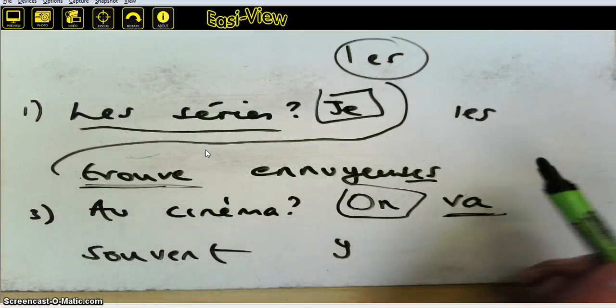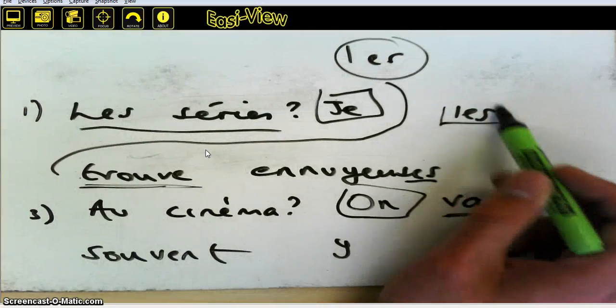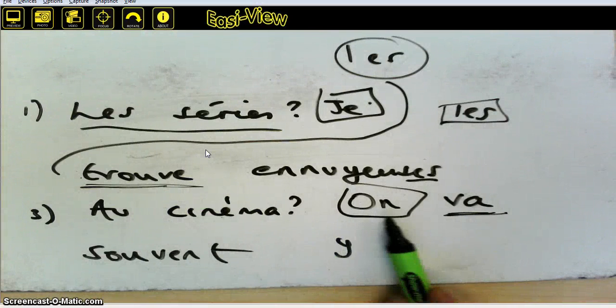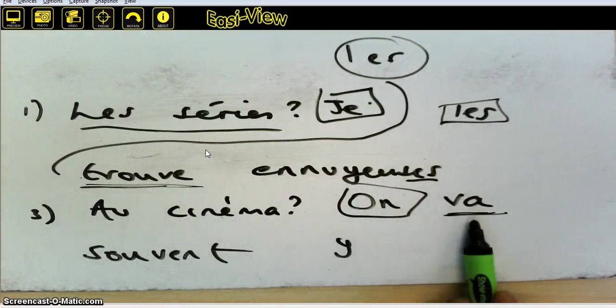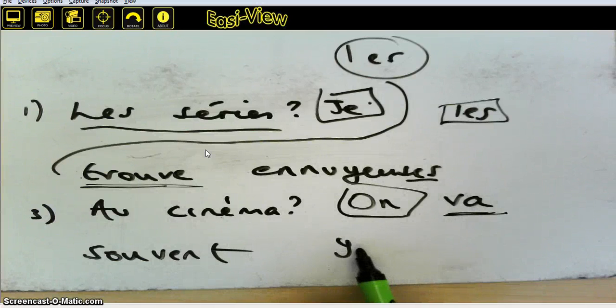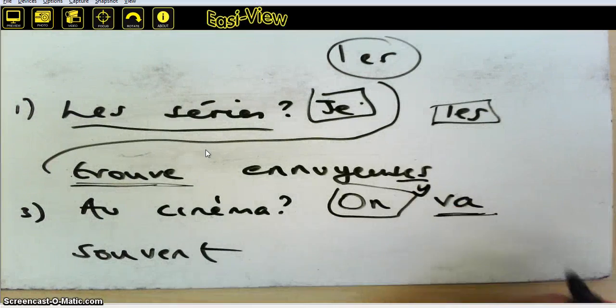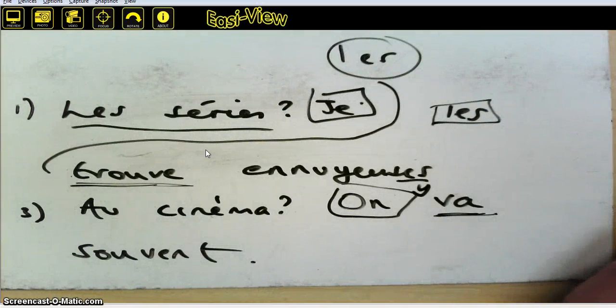So the object pronoun went in here first, in between the pronoun and the conjugated verb. So on this occasion, in between the pronoun and the conjugated verb is where I'm going to put my object pronoun y. I'll get rid of that there, put it in there, and that's where it's going to go. So au cinéma, on y va souvent means to the cinema, we go there often.